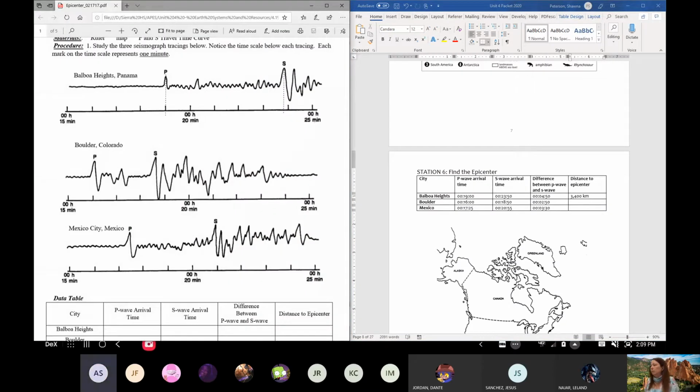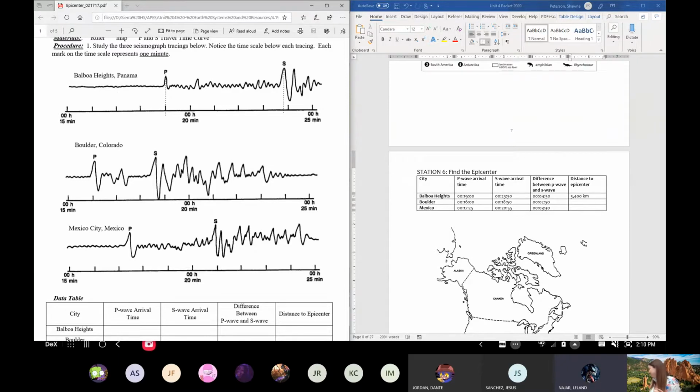Okay. So we got this far yesterday when we were getting the distance to epicenter. The important part was finding this lag time, the difference between the P wave and S wave, and I call that lag time, if you guys remember what lag means, just in general.